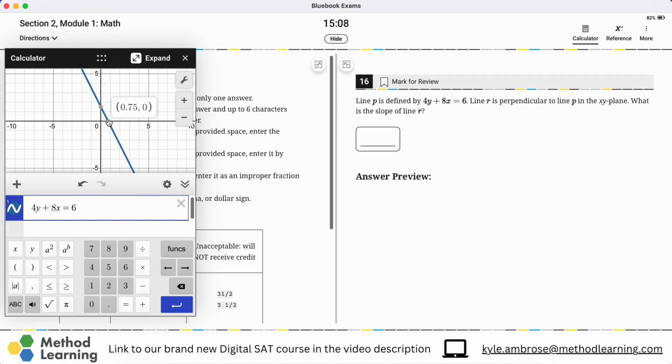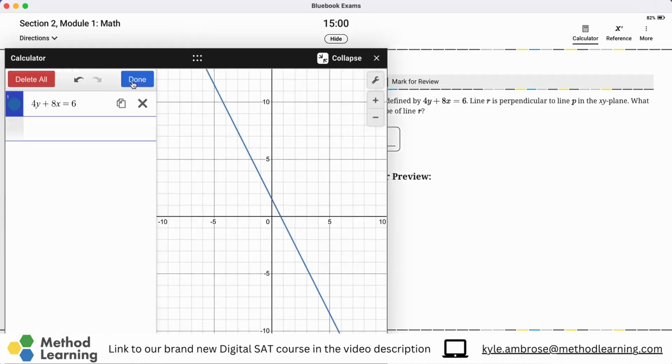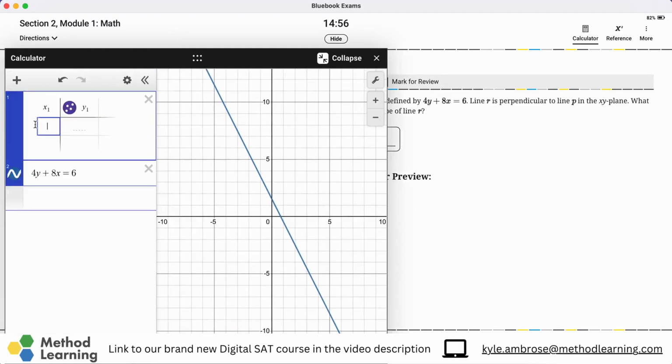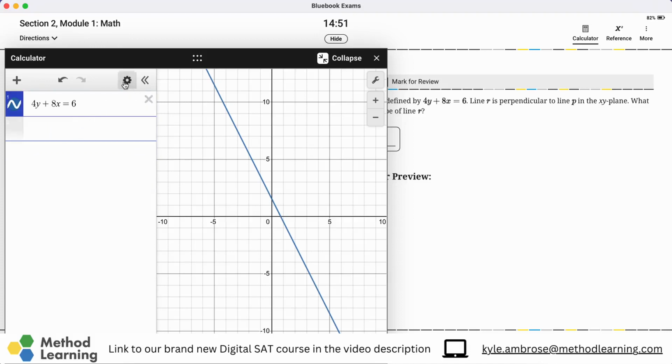Well, this line, we could write it in y equals mx plus b form. Let me go like this. Let's see if this is going to work. Let's add a table. Nope, I don't want to do that. I'm going to do this. Oh, I'm not able to do that.